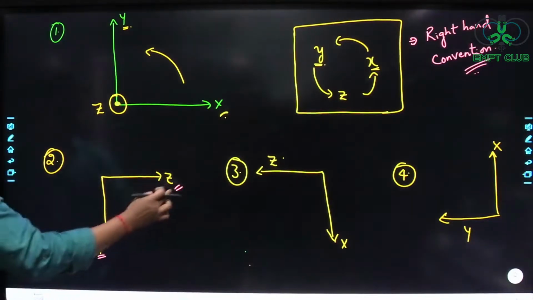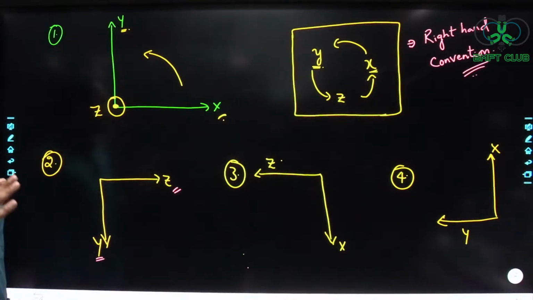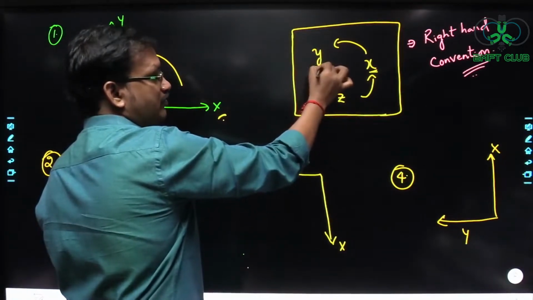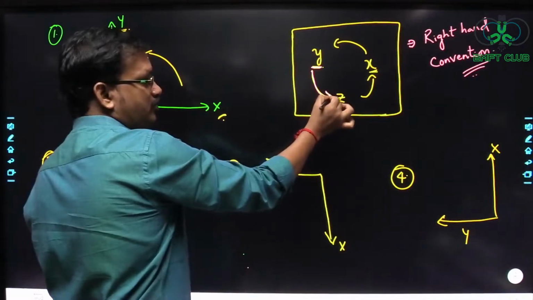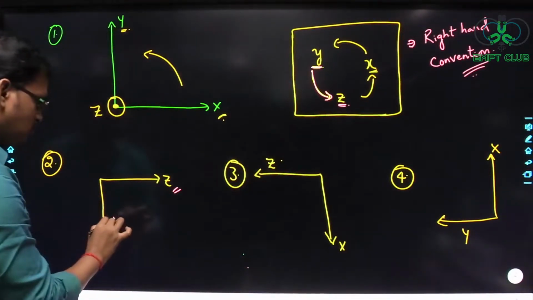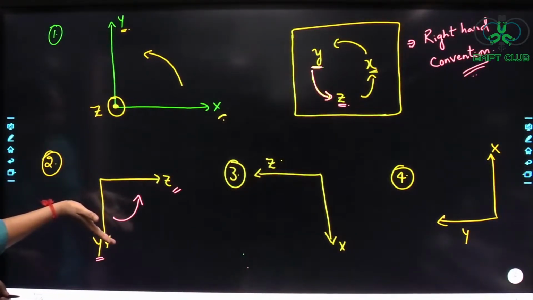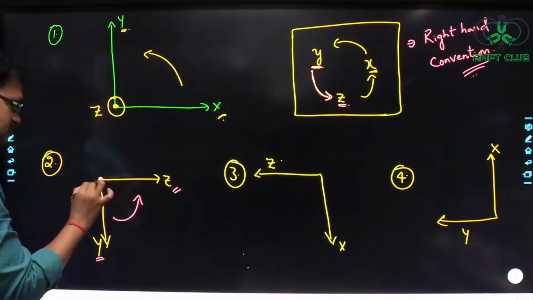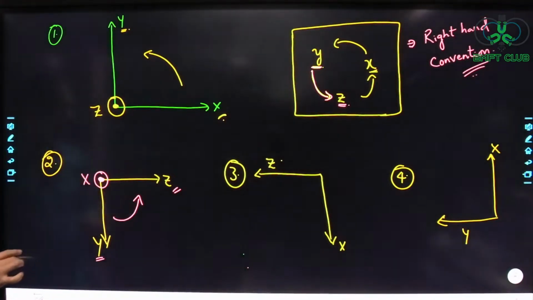So if you are having y and z, you have to curl your right hand fingers from y to z. So curl your right hand four fingers from y to z. The thumb is pointing out of the board. So that means here the positive x-axis is pointing out of the board, right?